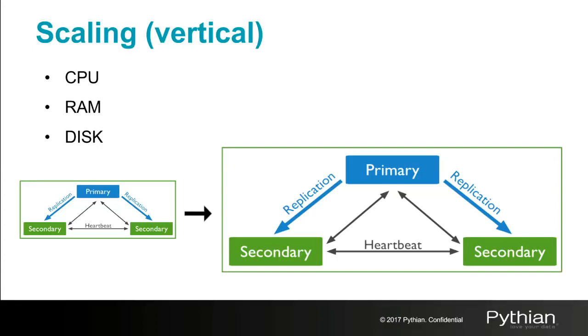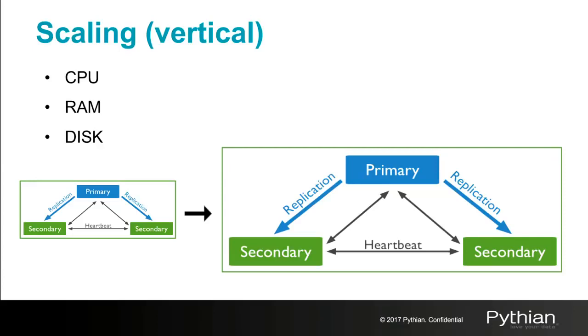So the replica set allows us high availability, but at some point of time we want to scale, and our data set, the working set, grows. One thing that we can do is scale vertically.